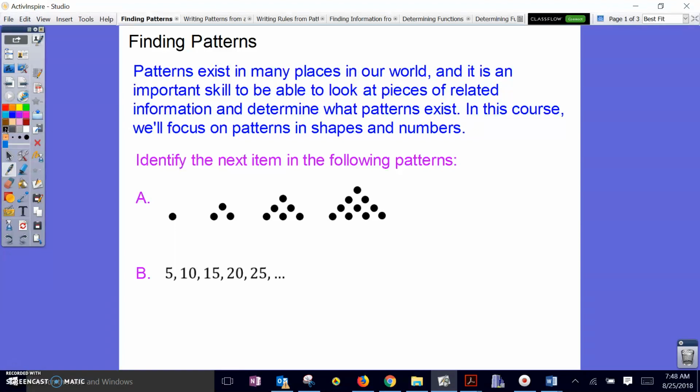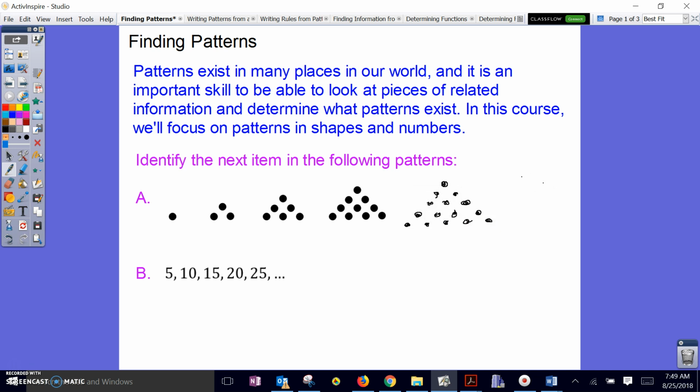So my next item in this pattern is going to be a triangle of dots, not doing the best job drawing dots here, with one more row with one more dot added below. And so it looks like that's going to be the next item in our pattern.